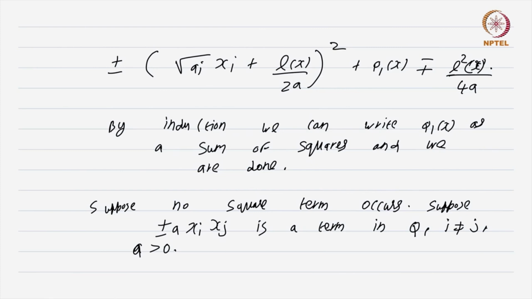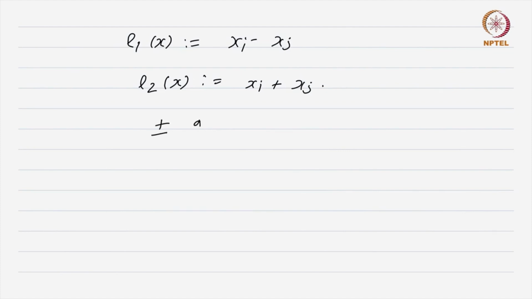Now we are going to define some linear functionals. We define L1 of x to be xi minus xj, and L2 of x to be xi plus xj. Now you can write down this quadratic form as plus or minus a by 4 into L2 squared of x minus L1 squared of x, plus other terms.